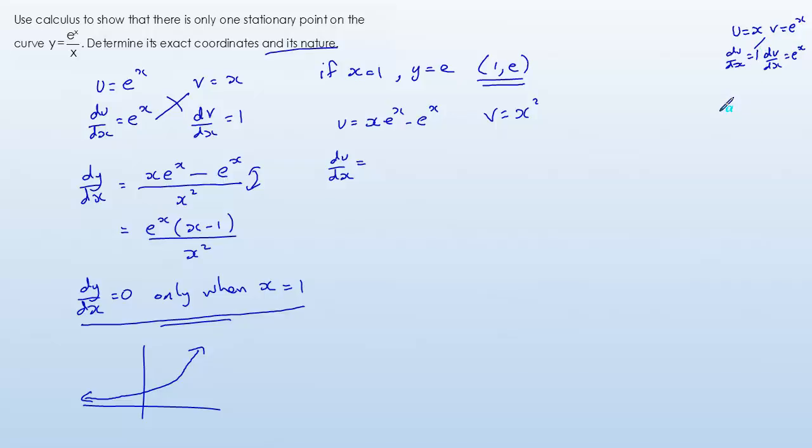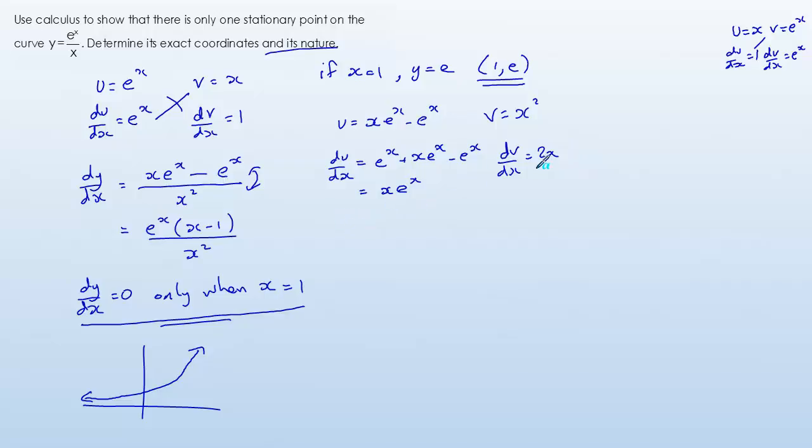So v du/dx is going to be e^x plus x e^x, take away e^x, so that's just going to be x e^x. And then dv/dx is going to be 2x.